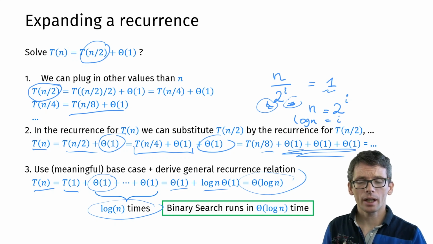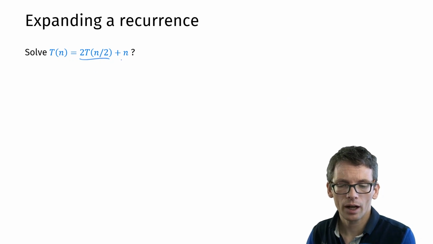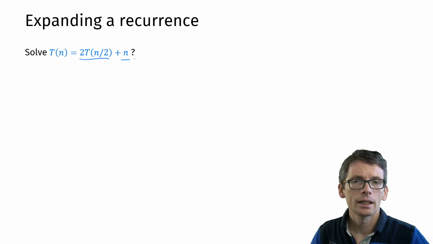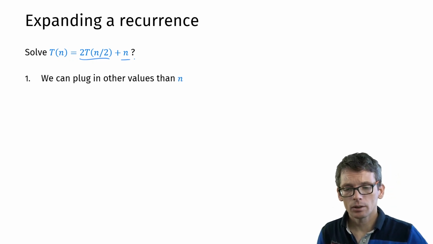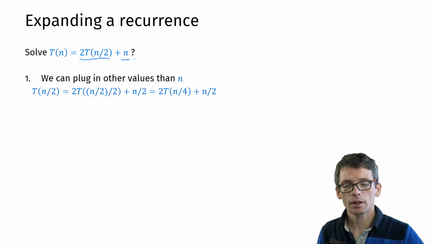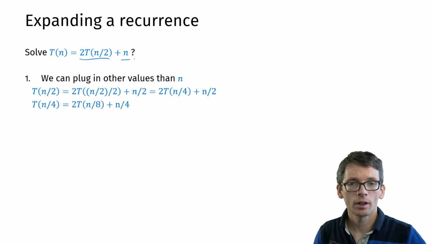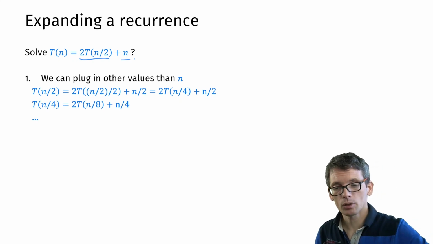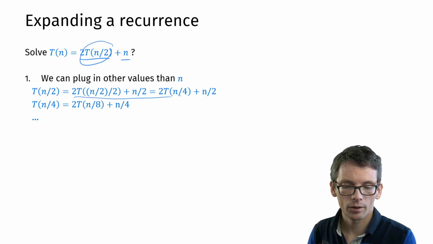Now let's assume we take the MergeSort recurrence, here written as 2 times T of n half plus n, in principle theta of n, but let's just do n here. Of course we could do the same idea, plugging in n half instead of n, and then we get 2 times n quarter plus n half, and so on. And of course we can substitute T of n half by the recurrence here.